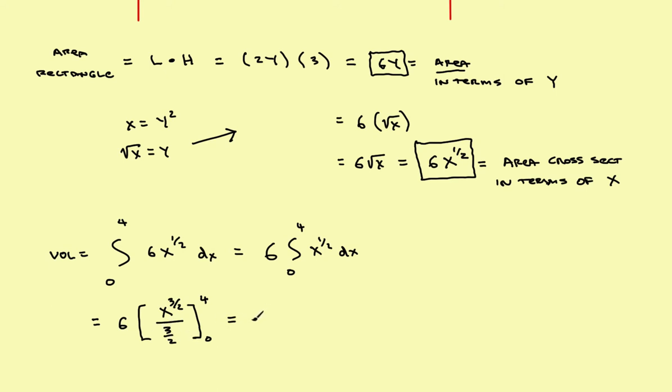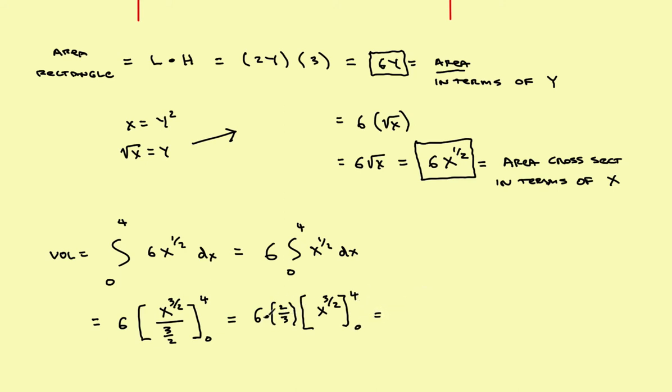Now, you can take this and make it be 6 and bring the 2/3, turn it upside down and bring it to the top. This would be 2/3 of x to the 3/2, evaluated from 0 to 4.